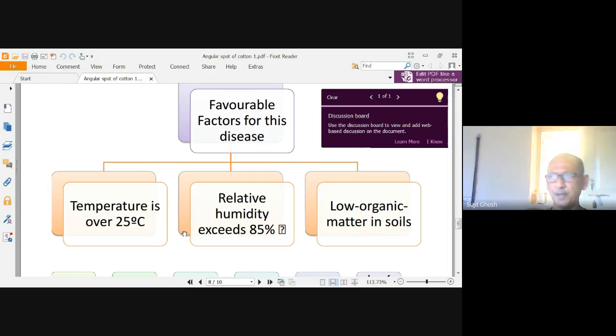Another thing is that humidity rises to 85% or above and temperature is 25 degrees and above. We also observed in citrus canker that a cool climate as well as a very dry climate will not cause the disease. Similarly, angular leaf spot is also observed when there is a rainy season and high temperature.